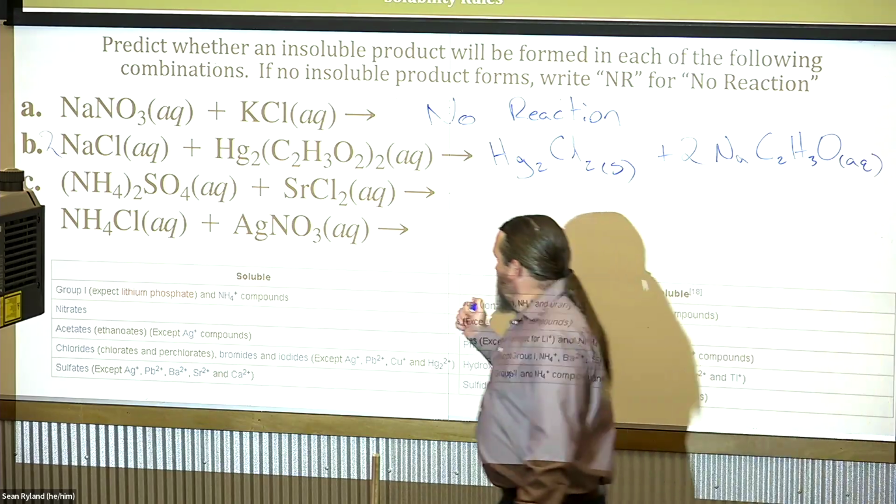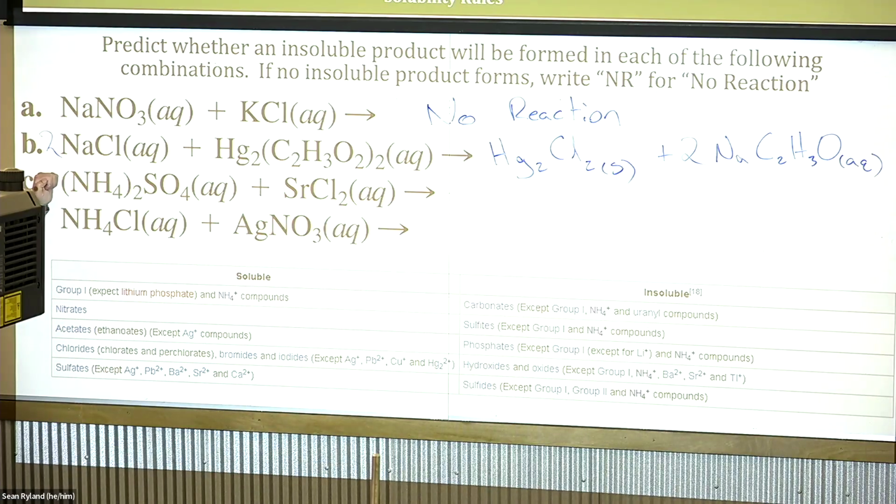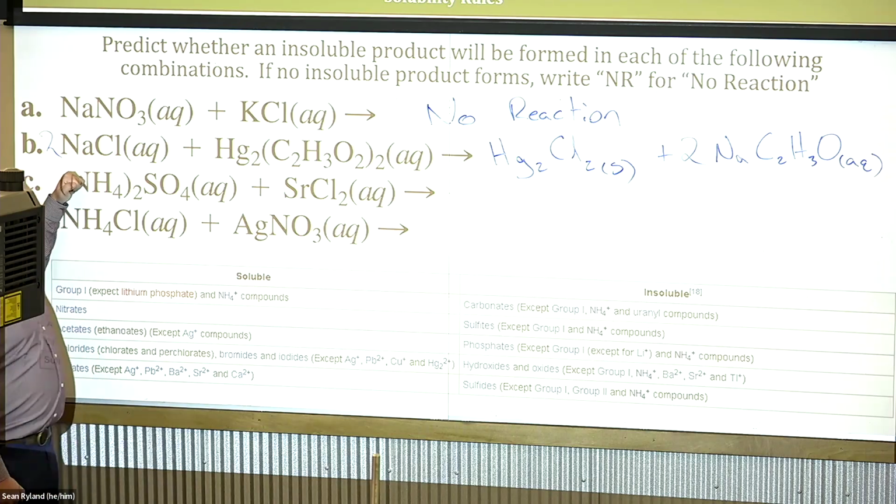All right. Moving things along. Ammonium sulfate. Ammonium is soluble, no exceptions. So we know that our ammonium is not going to be part of our solid product.